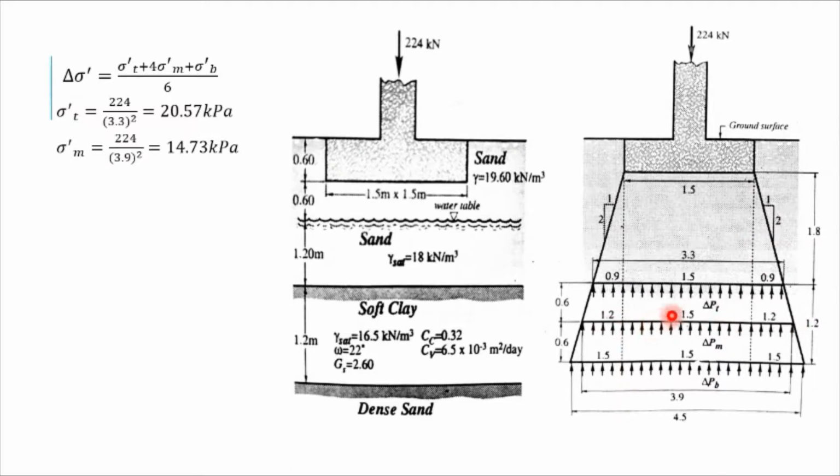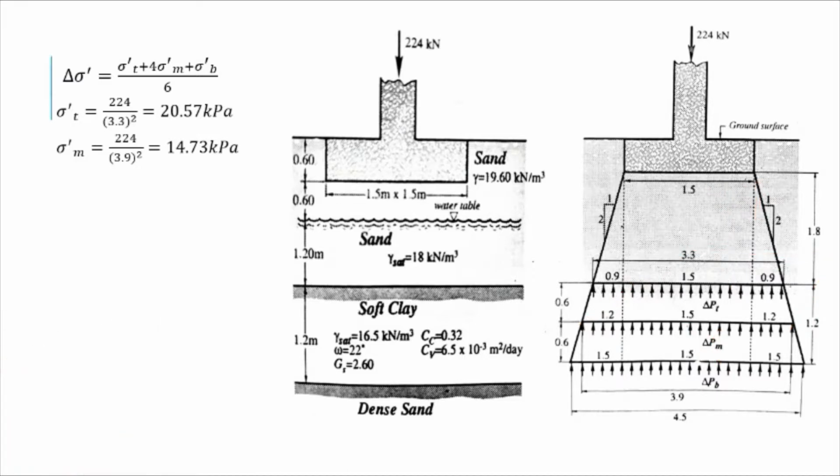So 1.2 plus 1.5 plus 1.2, this will be 3.9. So the area of distribution, again, of the load, which is 224 kilonewton, is 3.9 by 3.9. So, para makuha yung stress, force over area is equal to stress. So, 224 over 3.9 squared is 14.73 kPa.